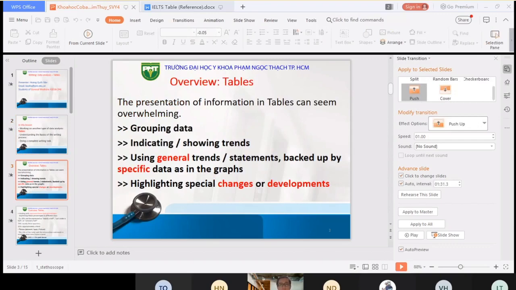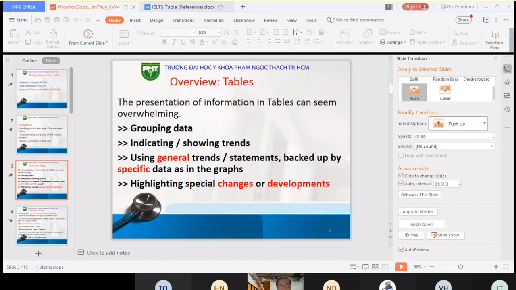So first let's talk about the overview of tables. The presentation of information in tables can seem overwhelming. It means sometimes you get a lot of information and you are overloaded with information. So you should know how to group data.